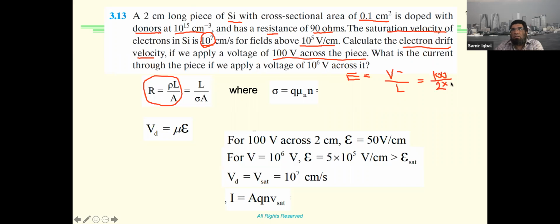So I write 2 times 10 raised to power what? Minus 2, right? So when all is said and done, we get the field to be this. Now this field is bigger than the saturating field, which was given, so the saturation velocity is this number. So we can use VD as this number.